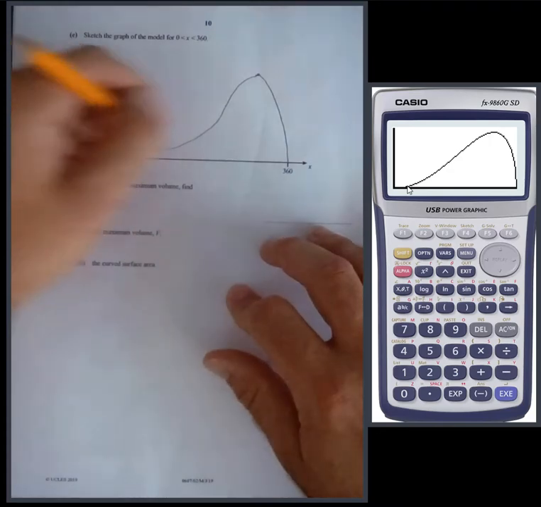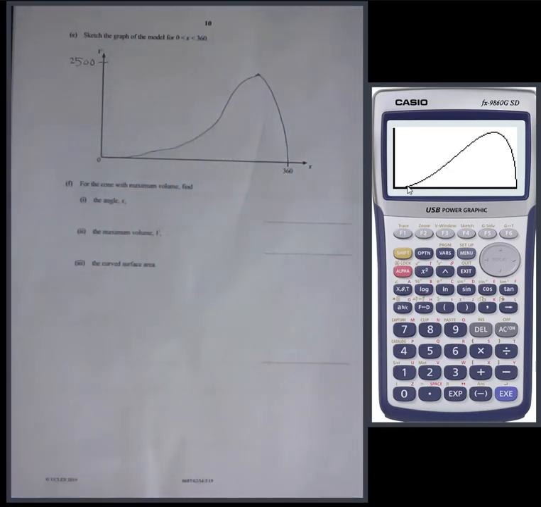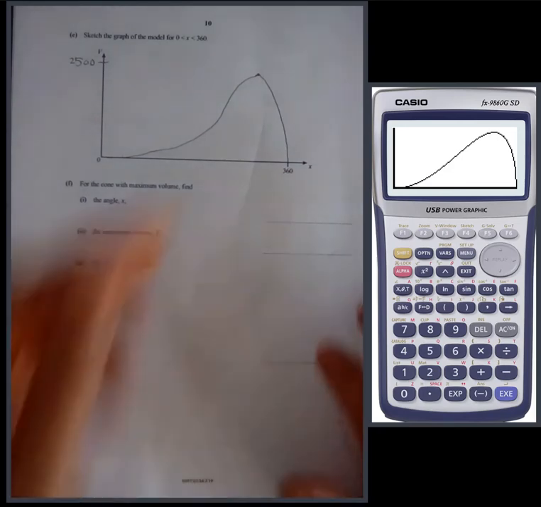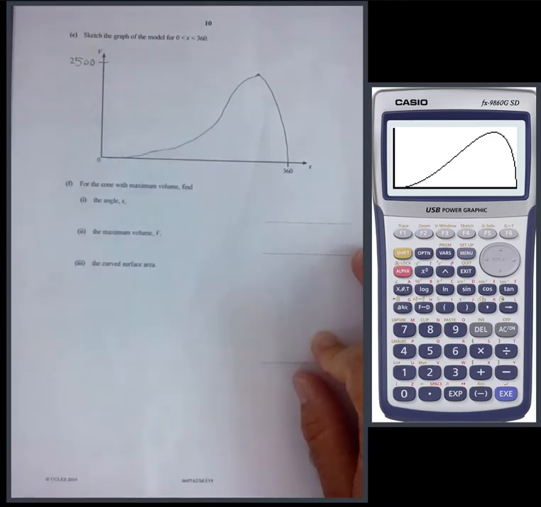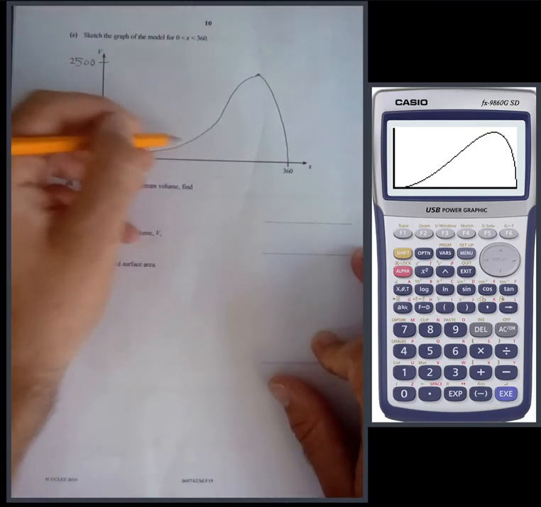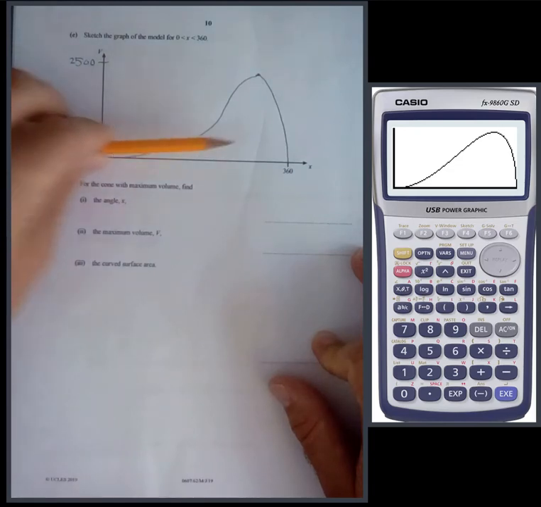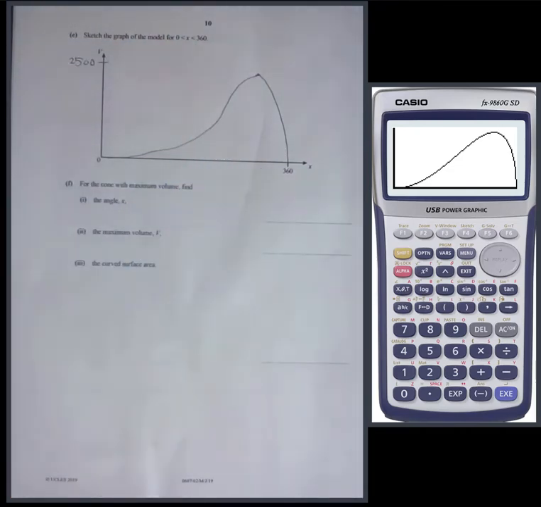Probably a little bit more kinky in there than it needs to be. But if it's basically doing the right thing, I think that would be all right. So mark scheme wise, if you've got any sketch with a single maximum, that needs to be somewhere around the correct area, and it needs to roughly look like that. I think this does this a bit too much, but I don't think it's enough to lose the marks. But hopefully you can draw it better than I can.